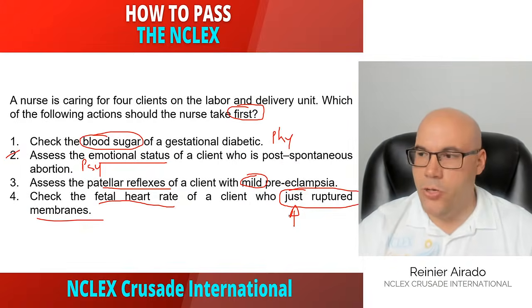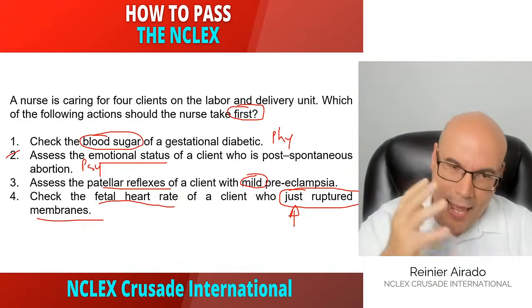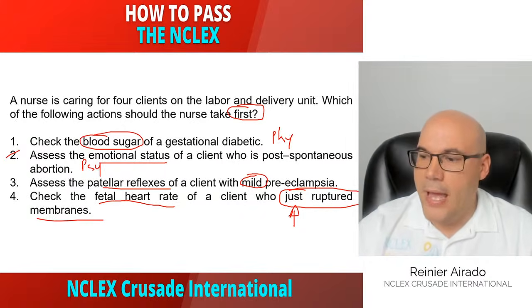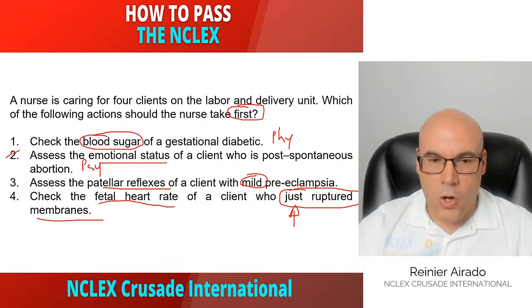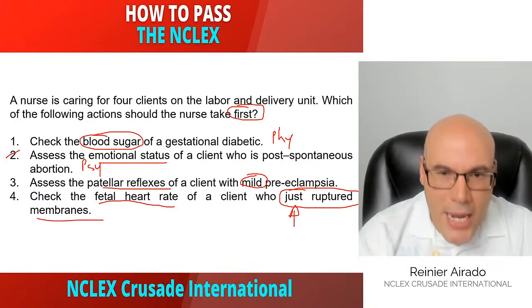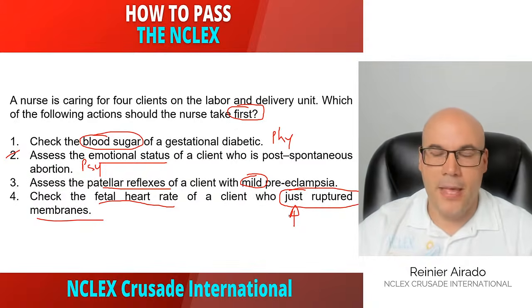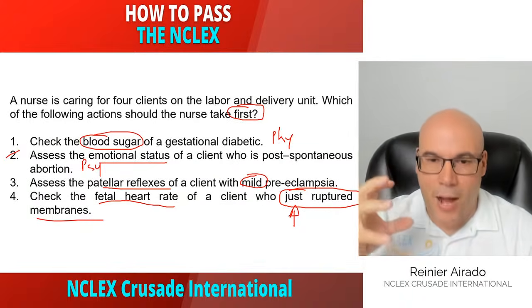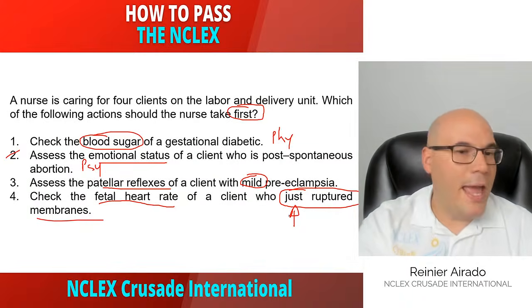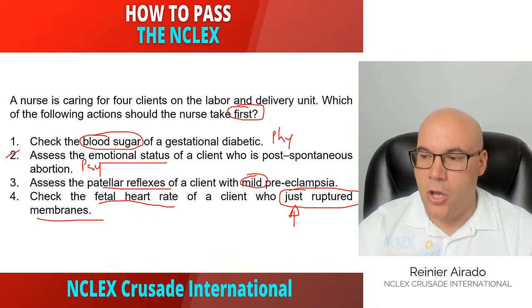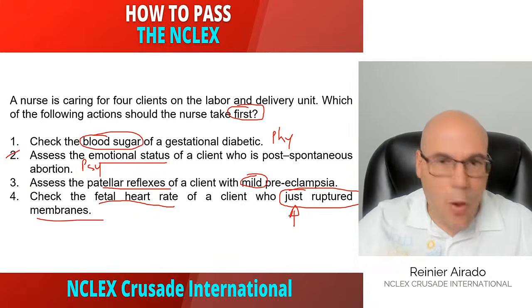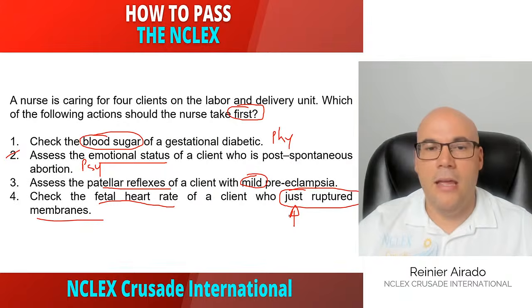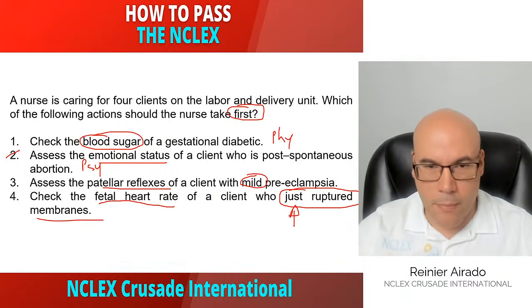Whenever they ask you to prioritize on an NCLEX style question and you see an answer where there is a change in condition, that will be the priority over any other answers where there is no indication of any physiological problem.